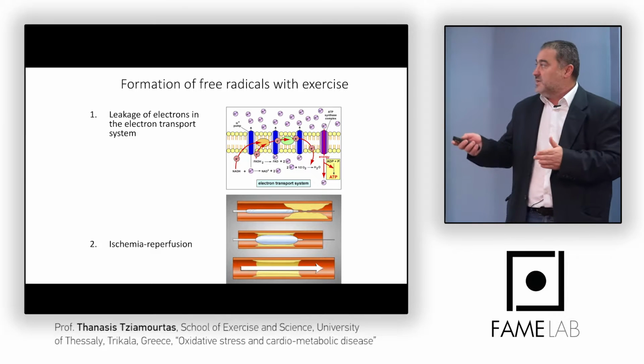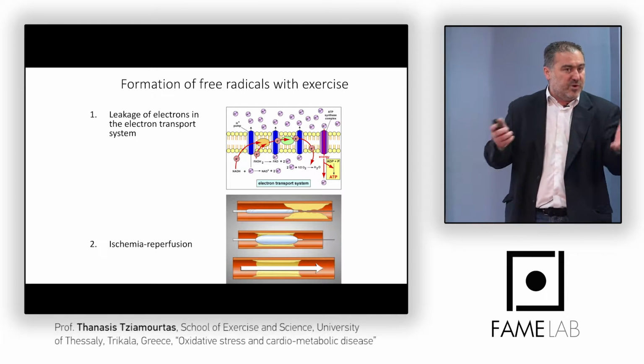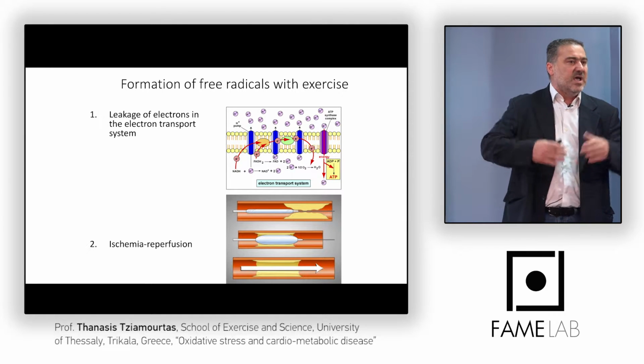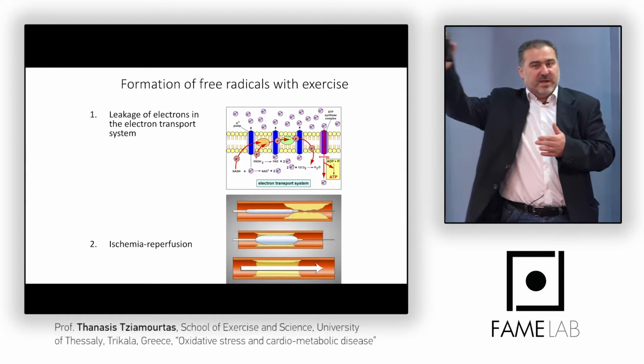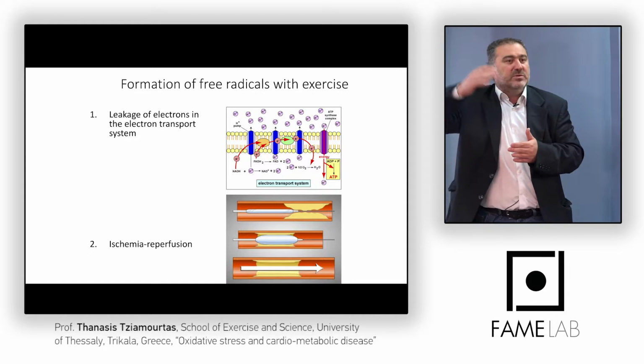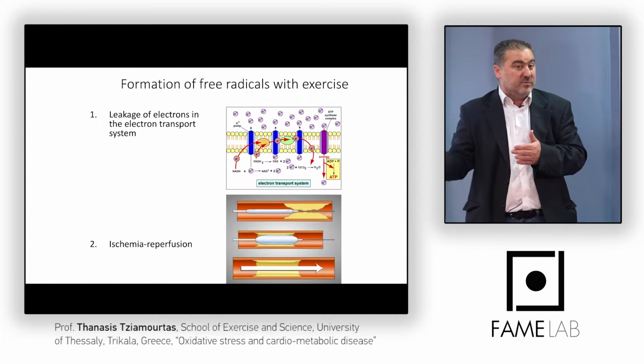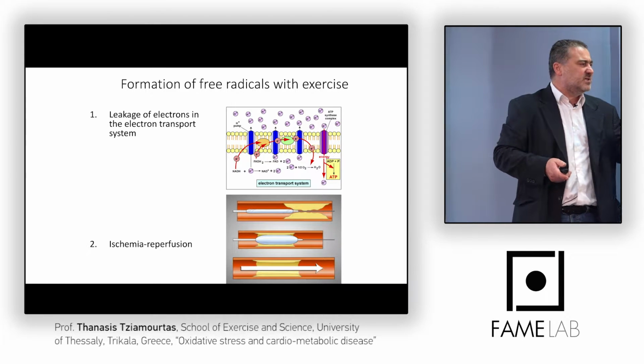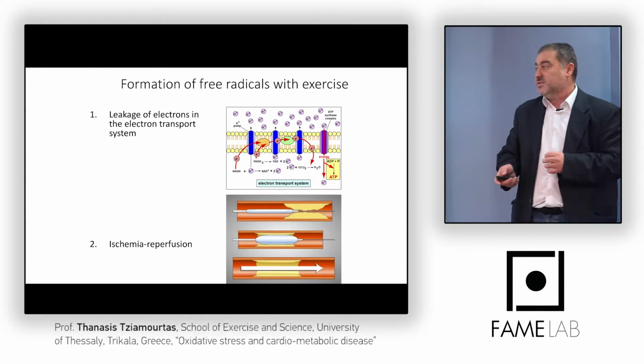When this process is taking place, some electrons leave the normal process, and as we said, when an electron leaves the outer orbital, a free radical is formed. So this is one way of forming free radicals during exercise, especially aerobic exercise.